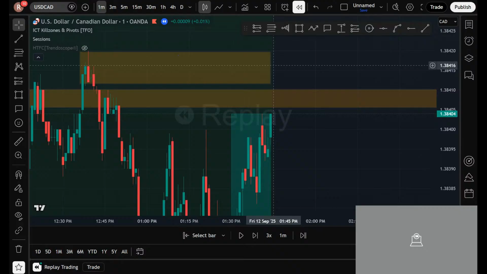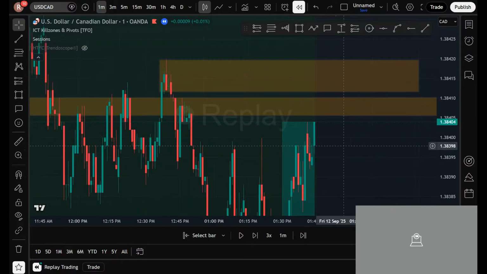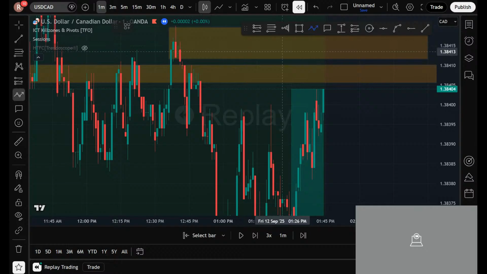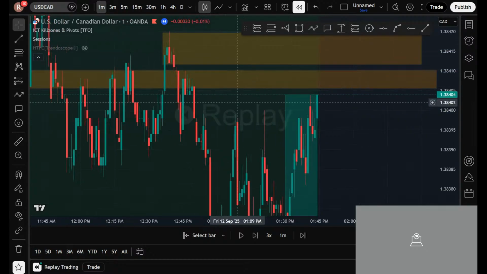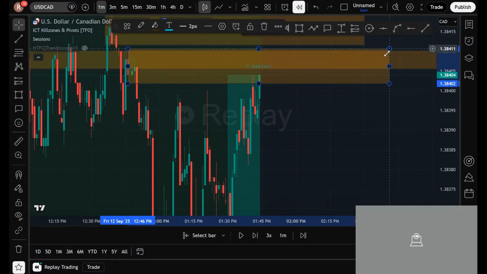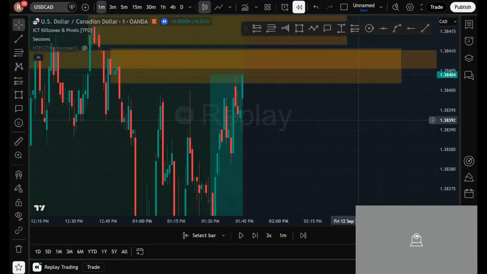This is the order flow that has not been tapped yet. Is this the order flow that has not been tapped yet? High, high, low. Honestly, this also is a valid area to sell.